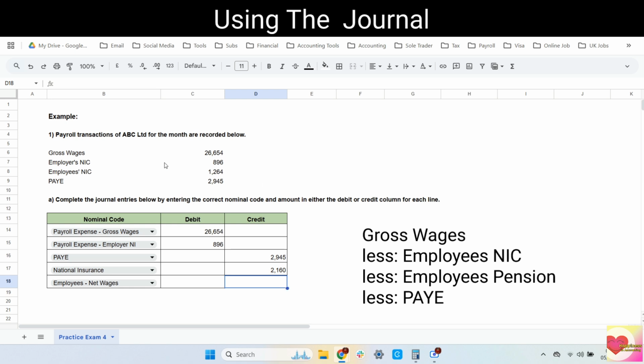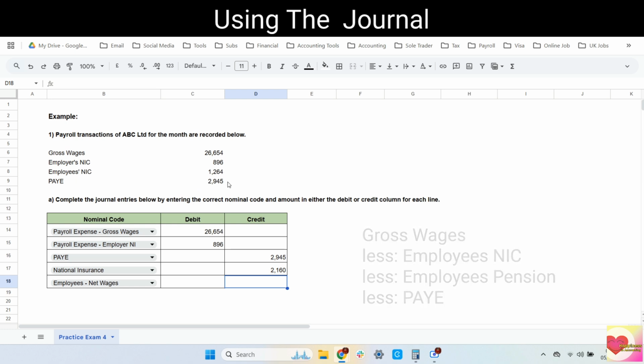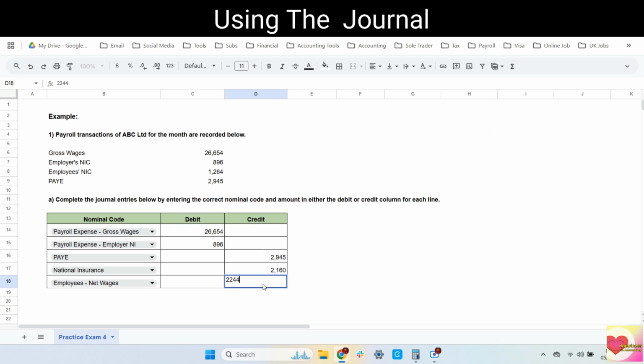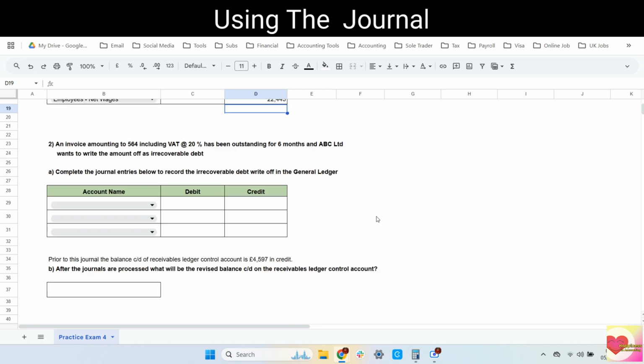Again, we don't have pension in this example, so we will deduct 2, which are employees' NIC and PAYE. Once we're done answering all the details, make sure that the total of the debit is equal to credit. Next, let's move on to the second question.